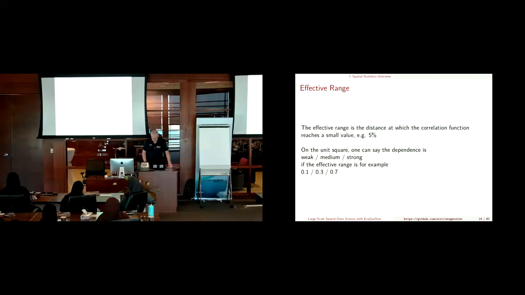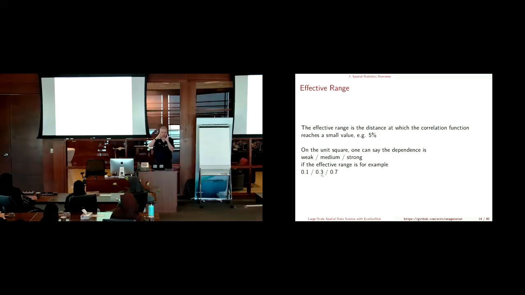It's useful to talk just very briefly about this idea of effective range. So the range parameter beta controls how quickly the correlation goes to 0. We can say that basically when the distance is infinite, this correlation becomes 0. But we want a finite distance at which the correlation is small. For example, we say a small correlation would be 5% correlation. So if you take a unit square as the spatial domain, you could say that the strength of the dependence is weak, medium, or strong if this effective range is, for example, 0.1, 0.3, or 0.7.